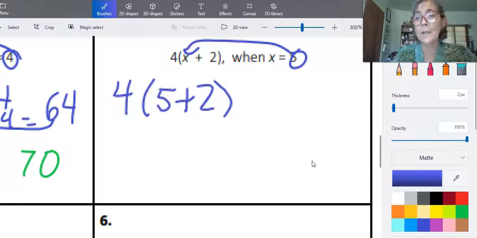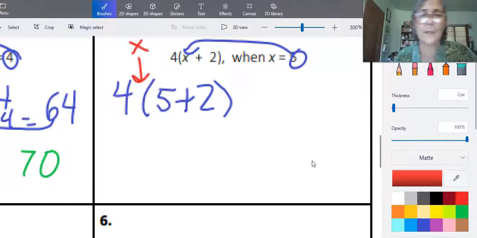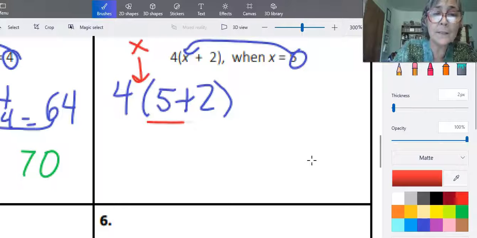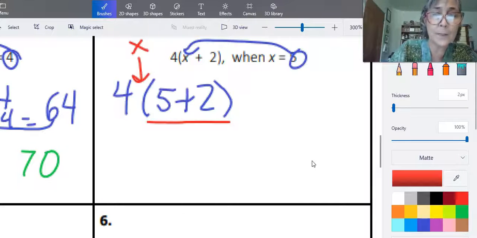Now, just like with the variable, whenever you see a number right next to a parentheses, that's an invisible multiplication sign in there, okay? Just so you know. But is that going to come first? No. What's going to come first is the parentheses, because P is the first letter and PEMDAS stands for parentheses.